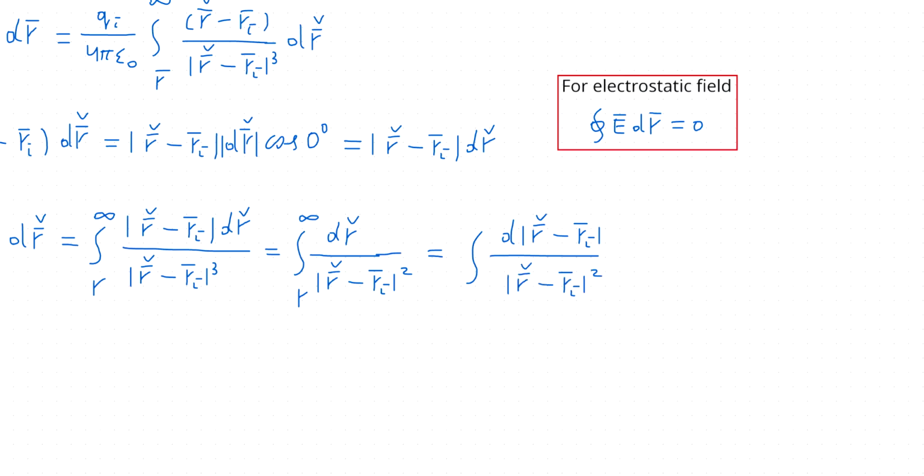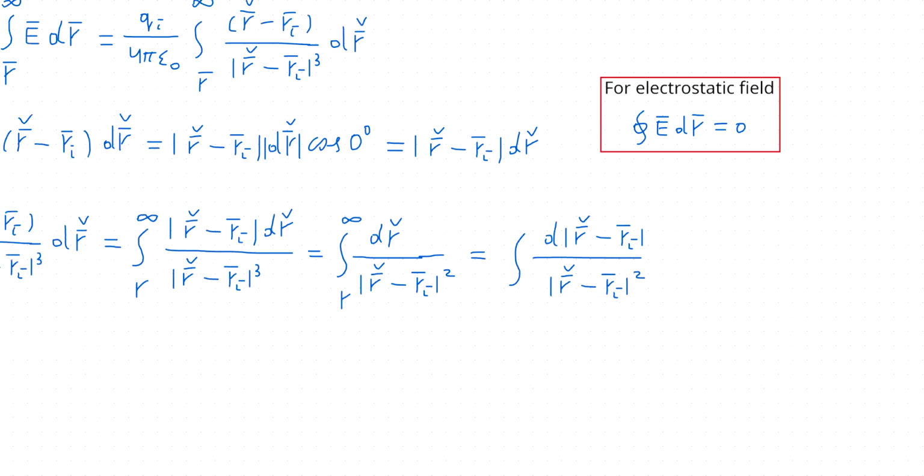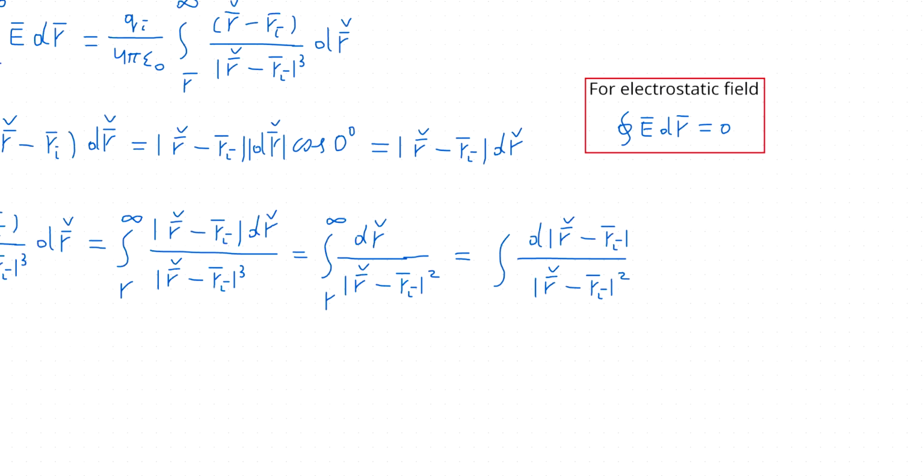And if we change differential, we have to also change integral limits. Of course, I think a lower limit will be some r, absolute value of r minus ri, and the upper limit will still be infinity.